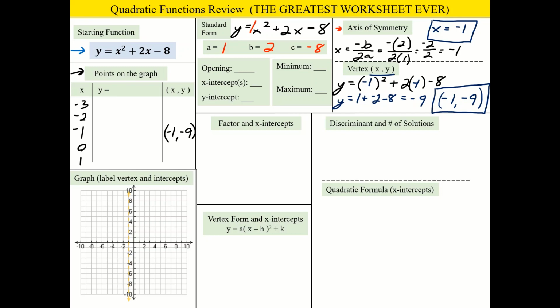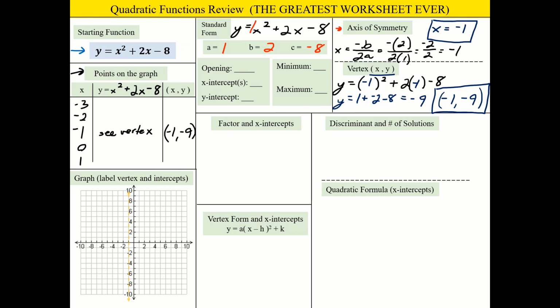All those values are going to be substituted into the starting function. I could write it again here: x squared plus 2x minus 8. The first one, -1, is done. For that, somebody needs to reference, they could just see the vertex.